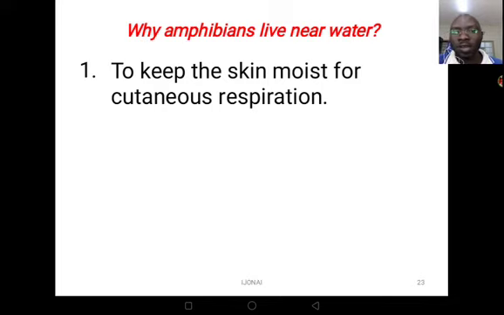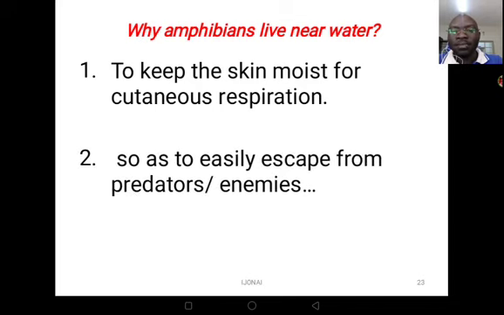Of course, we said that these organisms conduct gaseous exchange across the skin. And one of the characteristics of gaseous exchange surfaces is that they have to be moist. So that is the reason why they must keep near the water or in the water in order to keep their skins moistened.